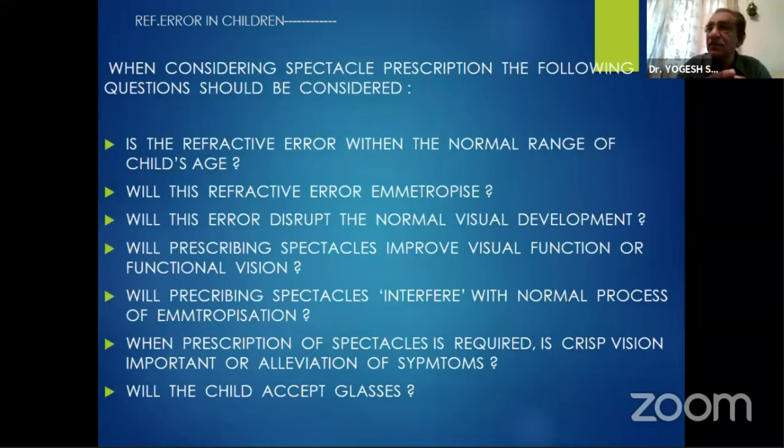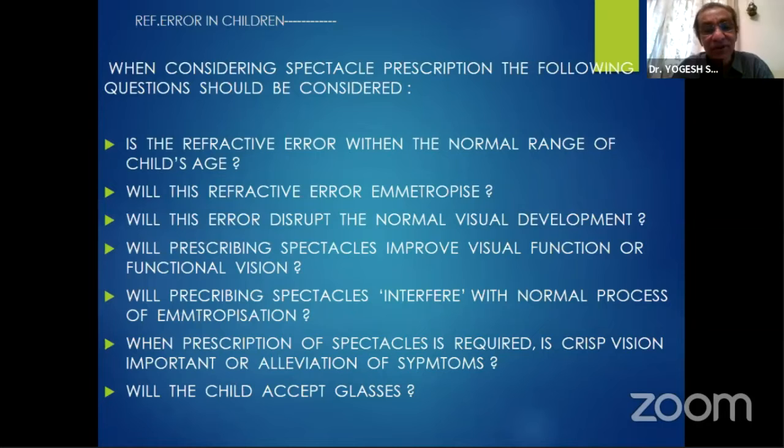In the natural course the eye is always enlarging, the lens is flattening, the cornea is flattening. This is the normal process of emmetropization. So if you are too aggressive in this treatment, you might interfere with it and artificially create a refractive error which would not have occurred.